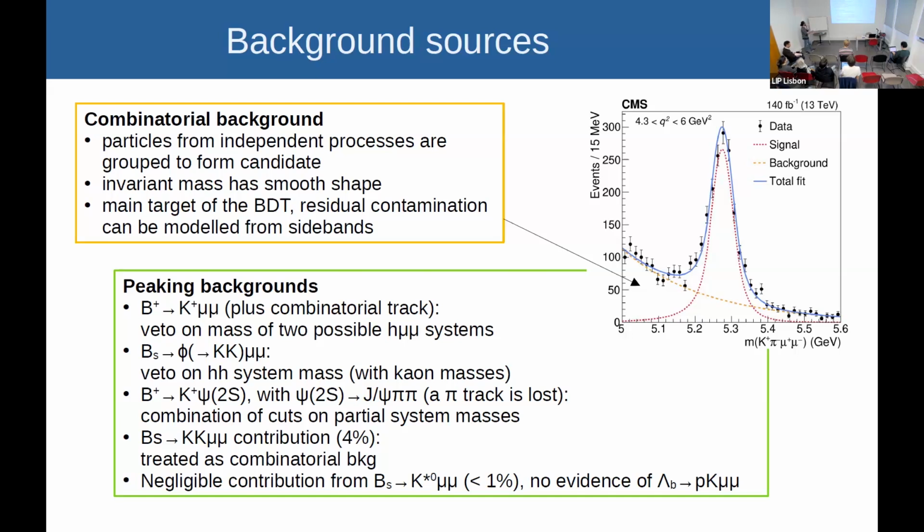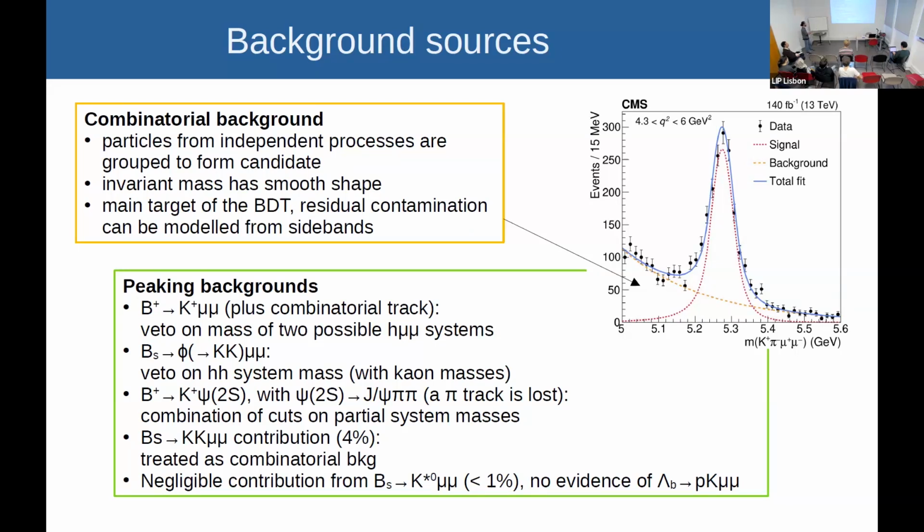So you can see here that what we have is mostly similar decays, but with different flavor for the B and the kaon mesons. We have the B plus to K plus mu mu, where this is a single track, but then with an additional combinatorial track.